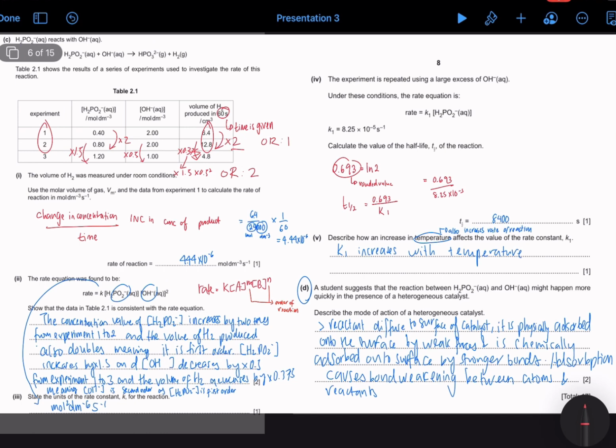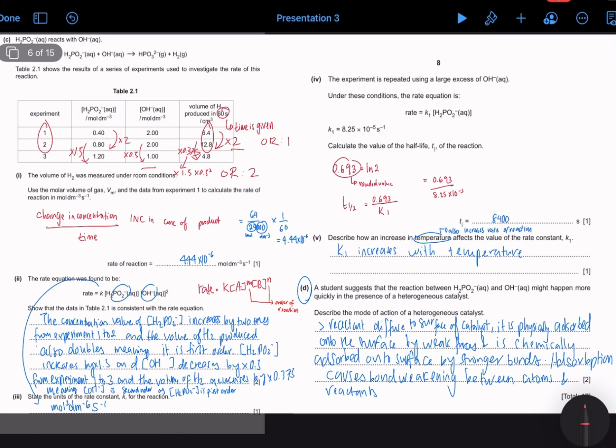Alright. And from experiment 2 to 3, the H2PO2⁻ increases by 1.5, and your OH⁻ actually decreases by 0.5. So you would expect it to be 0.375 if one of them is second order, because the volume of H2 decreases by 0.375.